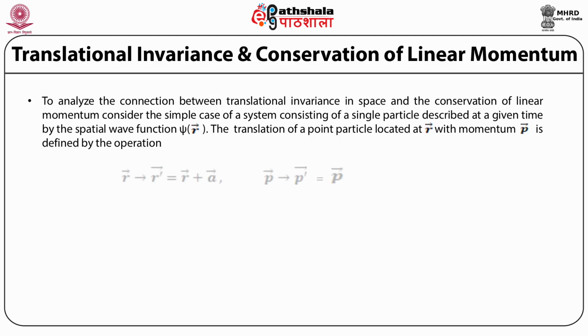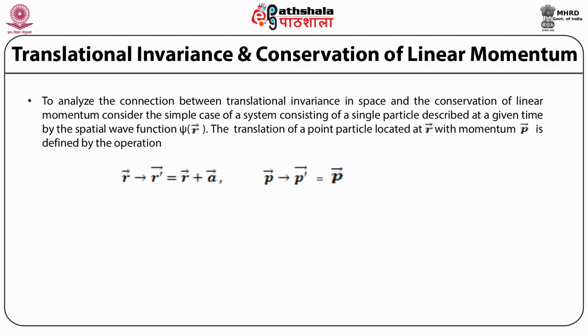The position vector r goes to position vector r prime, where r prime is equal to r plus position vector a. Similarly, the translation of the momentum vector from p to p prime is given as p prime equal to p. That means that the momentum vector remains unchanged under this translation.